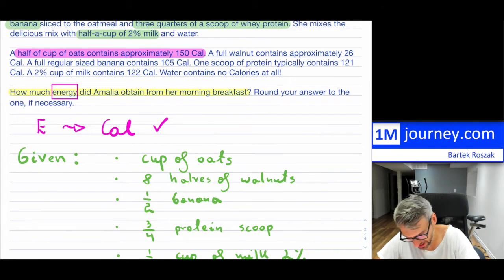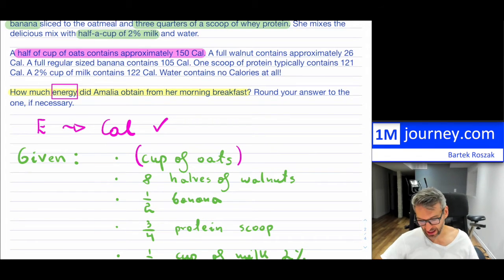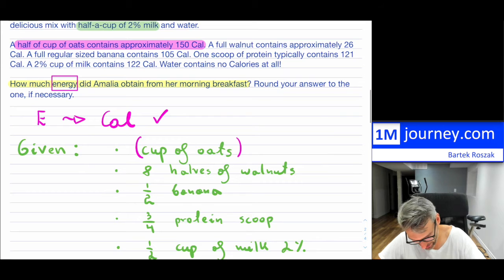Now, what that means, so I'm going to go back in here. Now, I have a cup of oats, and I know that half a cup of oats is 150 calories. All right. So I'm going to put a comma here, and here it says half a cup is equal to 150 calories.